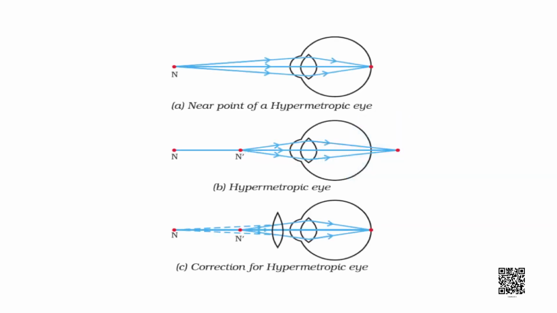So, in totality, hypermetropia or far-sightedness is a disorder in which the near point is beyond 25 centimeters. The image is formed behind the retina and it can be corrected by using a convex lens.